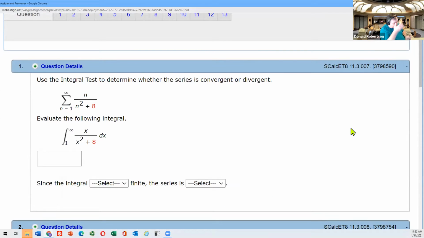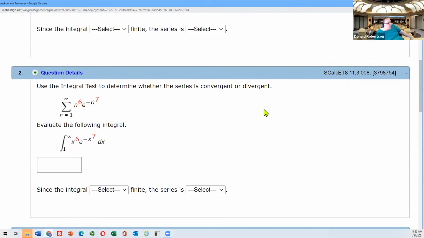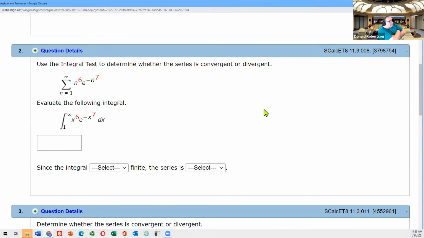Right, that one there, we did one similar to it. That was a U-sub, wasn't it? And it ended up diverging. Okay, here's question 2. How are you going to do the integral of x to the power of 6 e to the power of negative x to the 7?